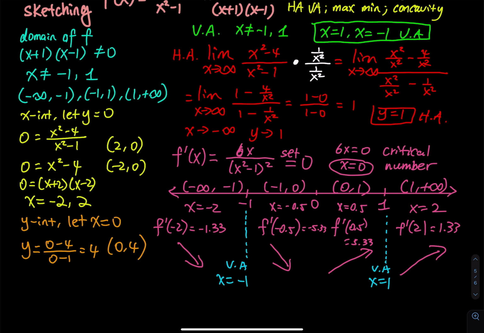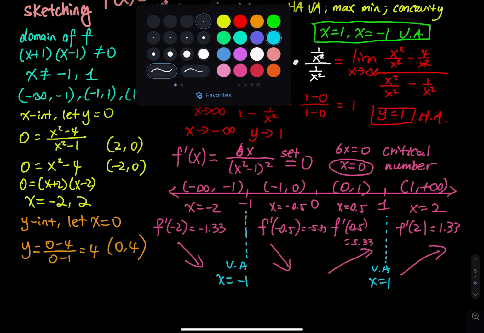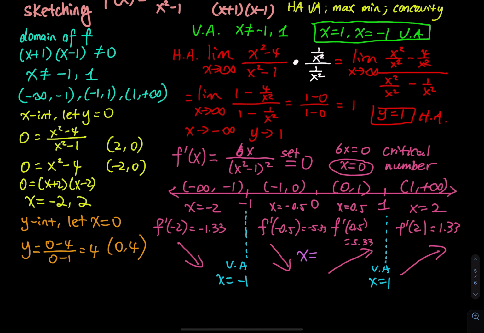Do we have any min and max? The answer is yes, we do. We have x equals 0. This is a relative minimum, right? When x equals 0, we have a horizontal tangent line, and then decreasing, increasing, therefore we get a minimum. So we have one relative minimum.